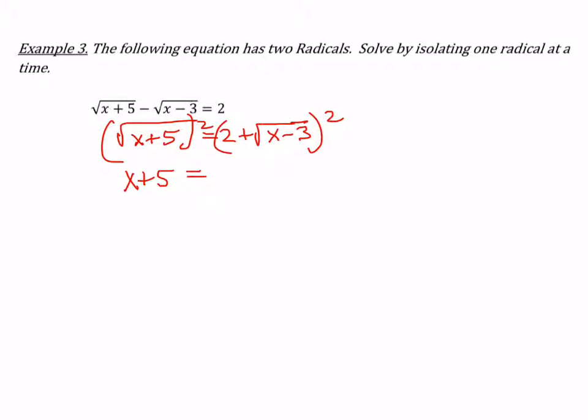Here, it's going to be helpful to remember something that we hopefully learned in a previous algebra class, and that's this: a plus b squared. Well, a plus b squared is a plus b times a plus b, which gives us a squared plus ab, plus, multiplying the middle two, ab, multiplying the last two, b squared.